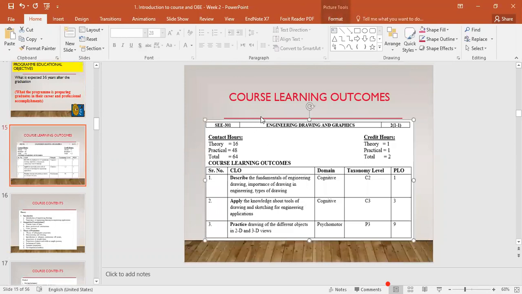Next is our course, SEE-301 Engineering Drawing and Graphics, 211. For theory there is only one lecture per week. For every course you will see these credit hours. 211 means one credit hour for theory and one credit hour for practical.